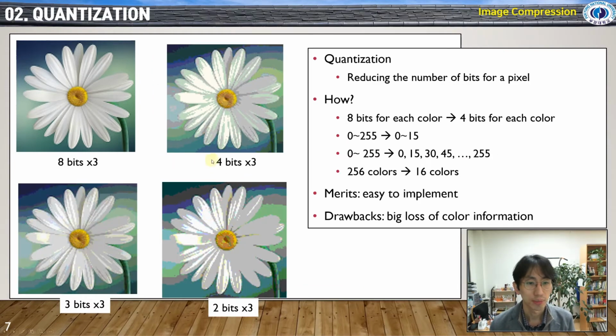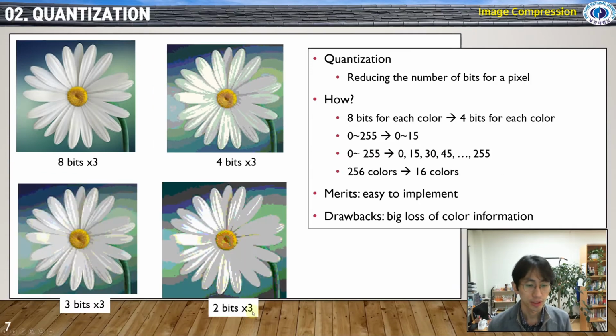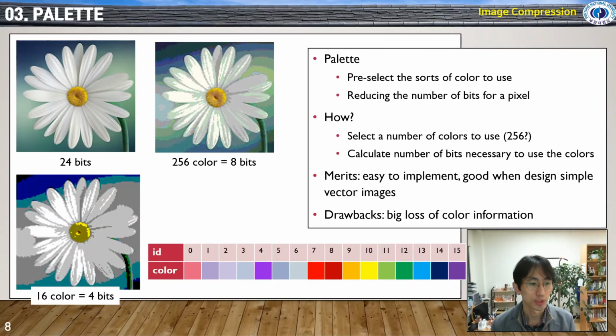Here, I said 4 bits means 4 bits for each color, so each channel. So actually, this is 12 bits, and this is 9 bits, and this is 6 bits. Here I say this is 16, which means we have 16 colors, which means 4 bits. Here this is 6 bits, and we lose lots of information.